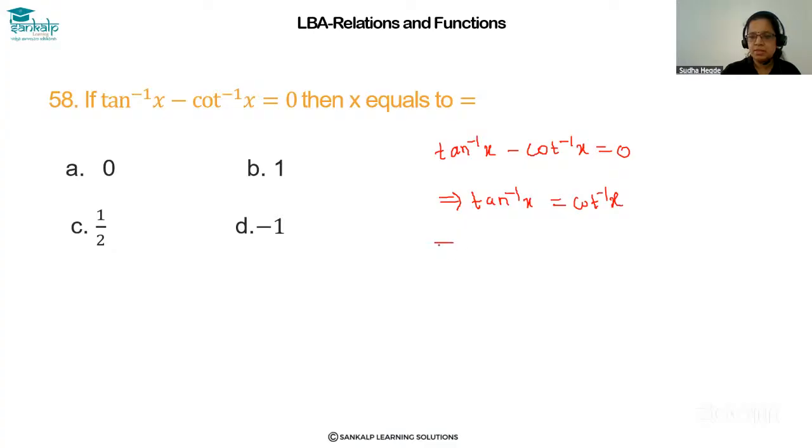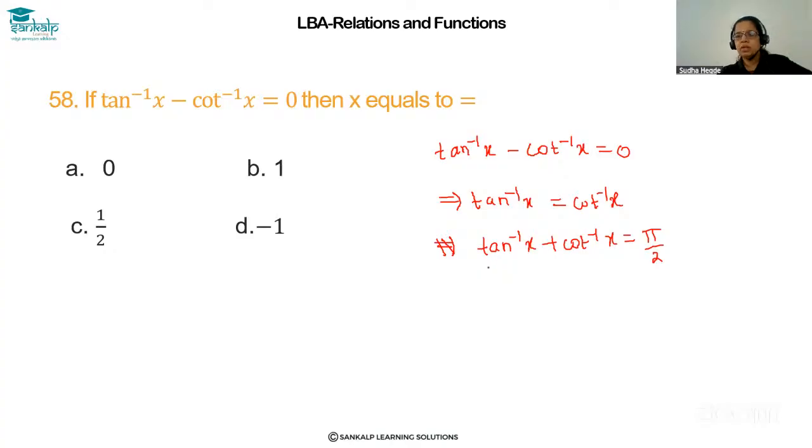That implies we have this tan inverse x plus cot inverse x equation is equal to pi by 2. Don't take implies here.